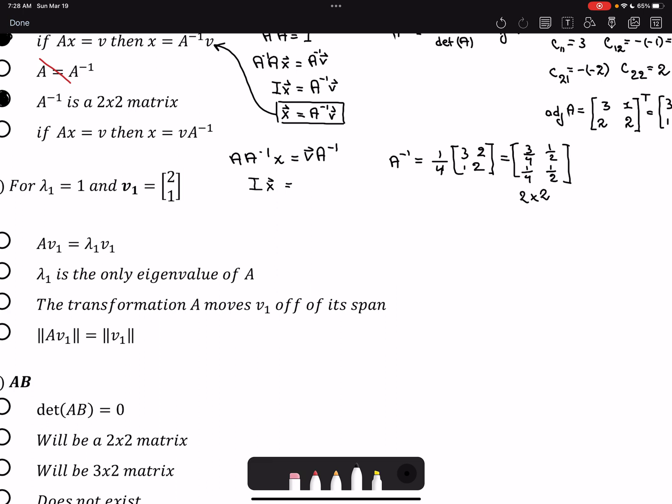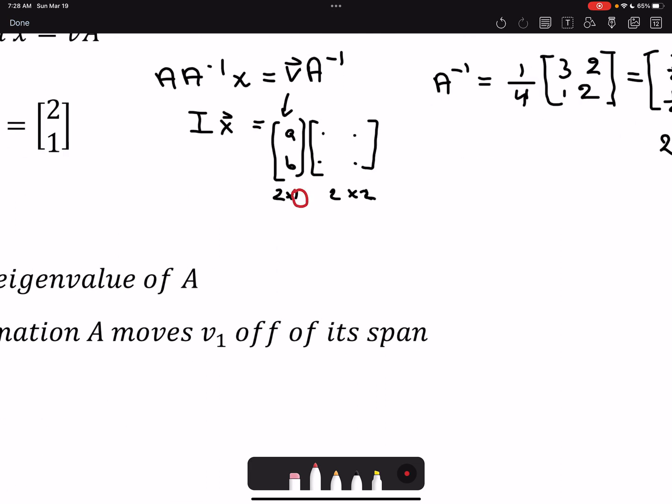But on the right, say this is a vector that is 2 by 1, and this is a 2 by 2, and we would get that the multiplication isn't defined.